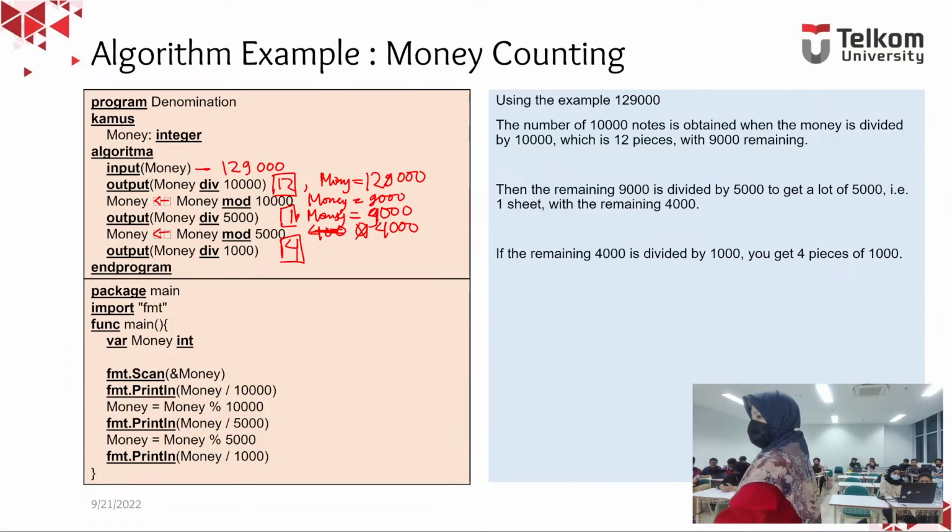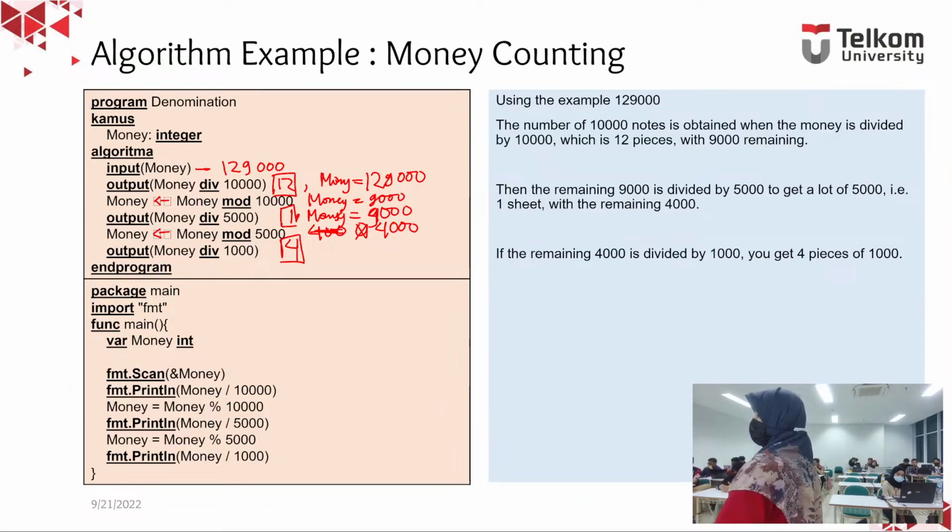Okay, so this is the translation: taking input with fmt.Scan(money), and then fmt.Println(money divided by 10,000), and then the money value will be updated with modulo 10,000, and then we will print the 5,000 pieces with this operation, money divided by 5,000.